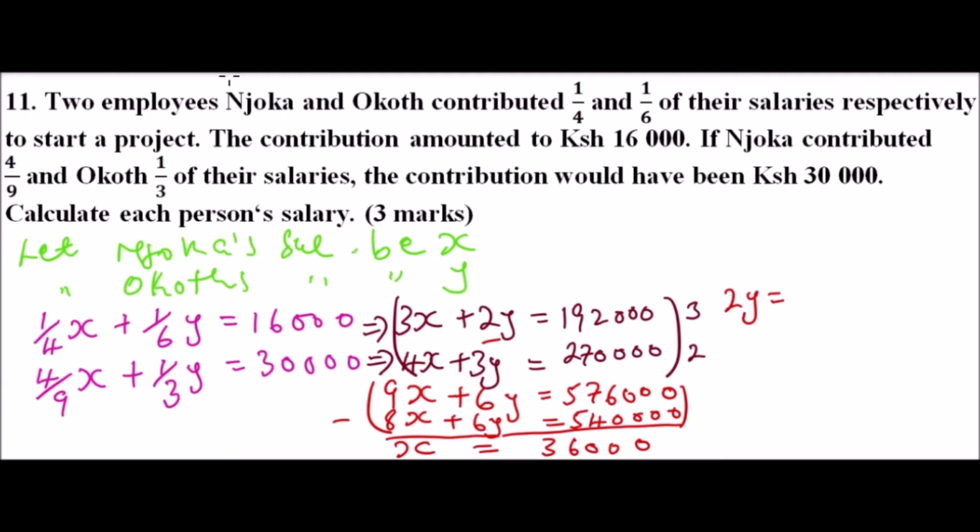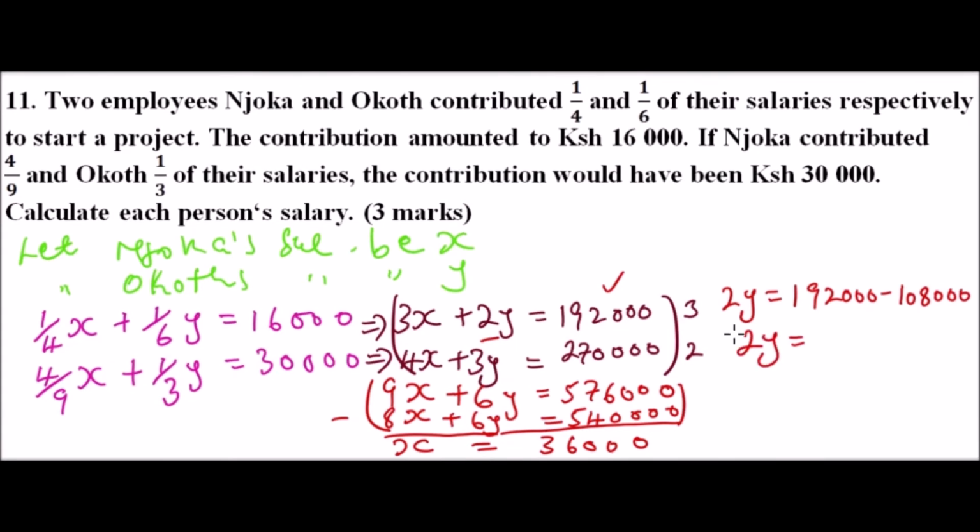We take this equation here, so we have 2y is equals to 192,000 minus, you multiply 6 times 3, that will give you 108,000, implying that 2y is equals to, you subtract, this will give you 84,000. You divide both sides by 2, and you get y is equals to 42,000.